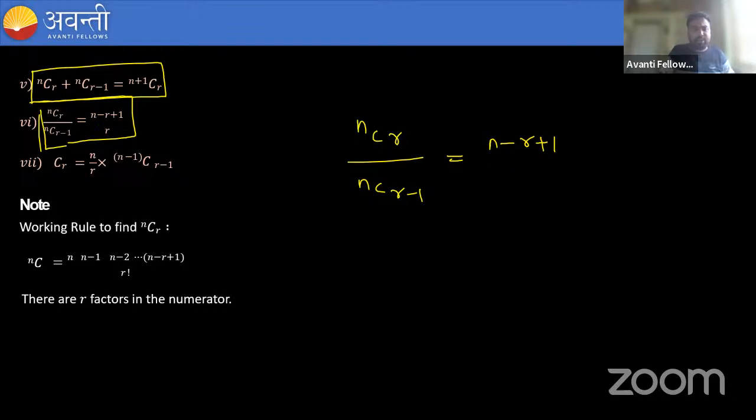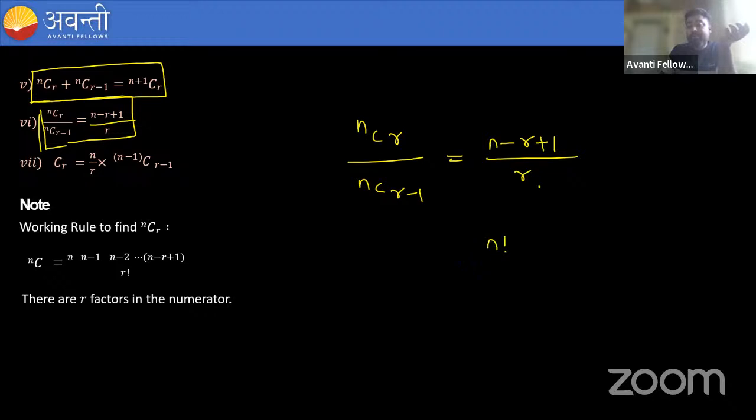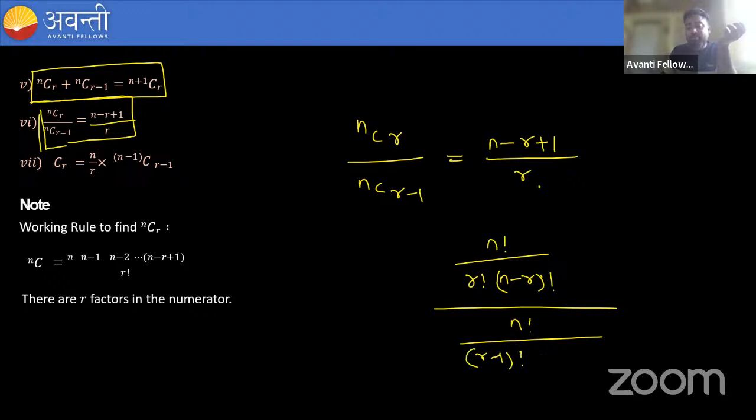If you elaborate it, let's calculate and solve this one. nCr will be n factorial upon r factorial into (n minus r) factorial, and nC(r minus 1) will be n factorial upon (r minus 1) factorial into (n minus r plus 1) factorial.